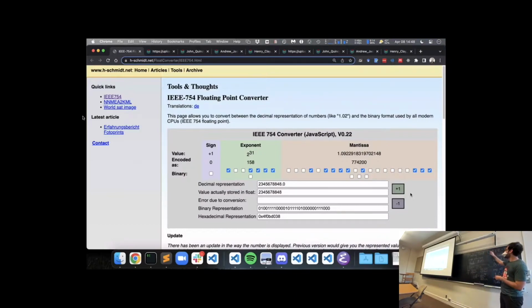So the IEEE standard defines a single precision representation, which is 32 bits, and a double precision. Yeah, that's what I forgot to change. Once we move to double, that's our double precision representation with 64 bits. Other questions?